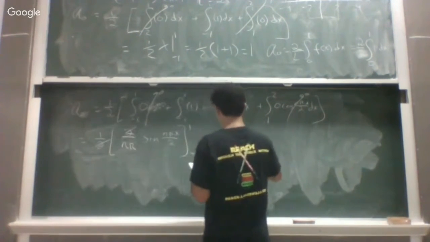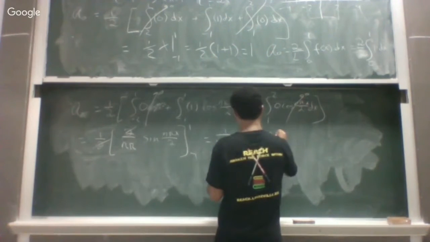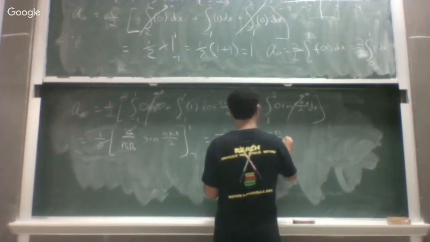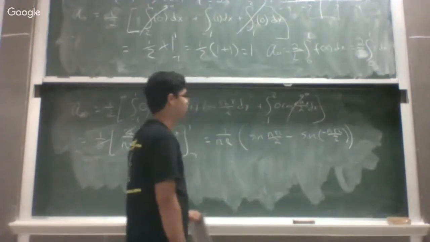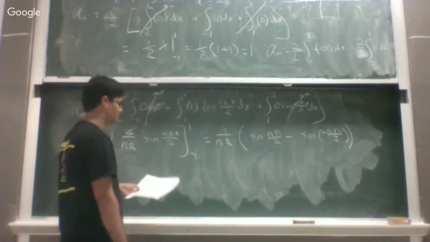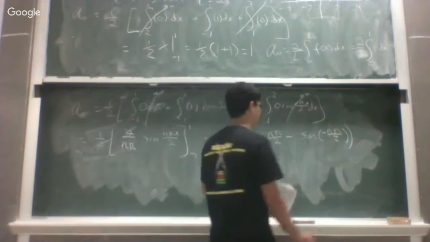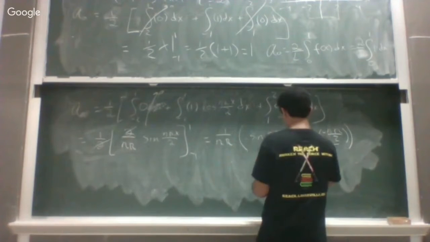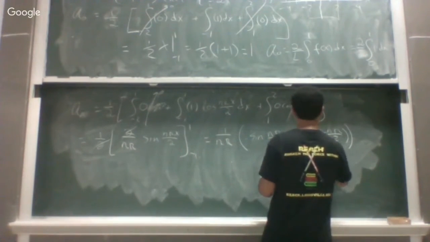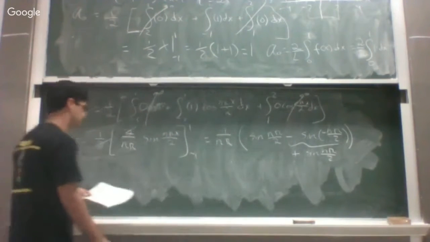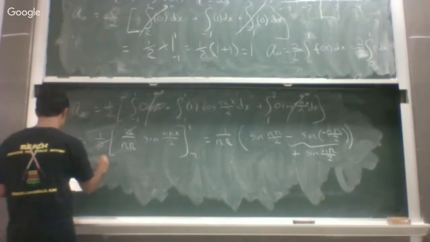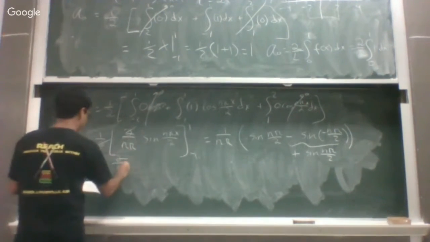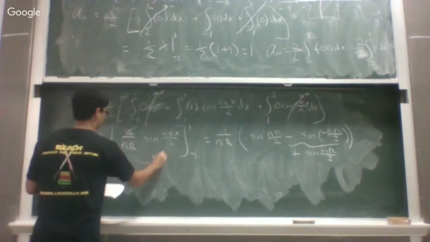When we put in a 1 in there, we have sine of n pi over 2 minus sine of negative n pi over 2, but since sine is an odd function, all of it is equal to plus sine of n pi over 2. So then that is equal to 2 over n pi sine of n pi over 2.